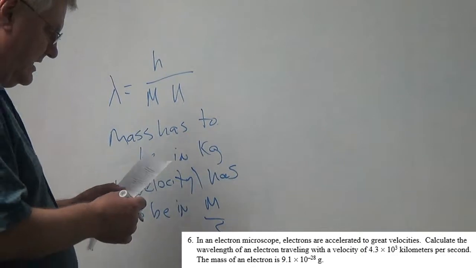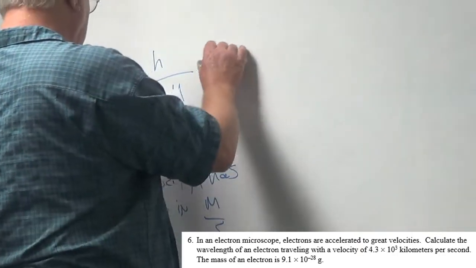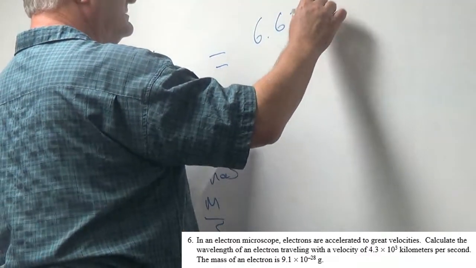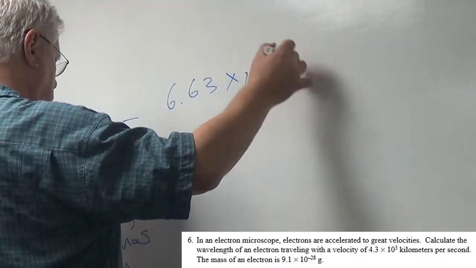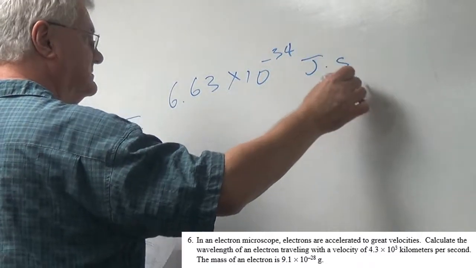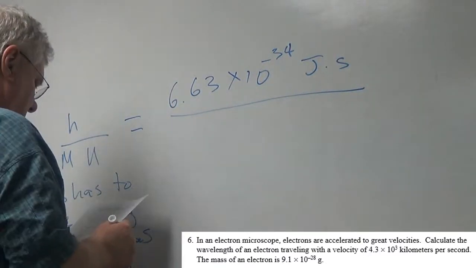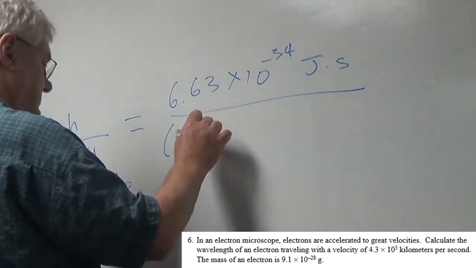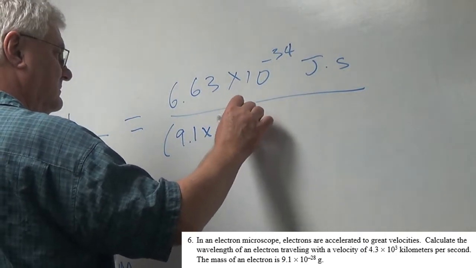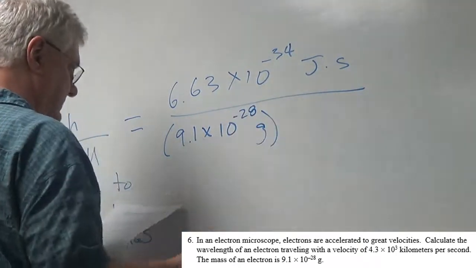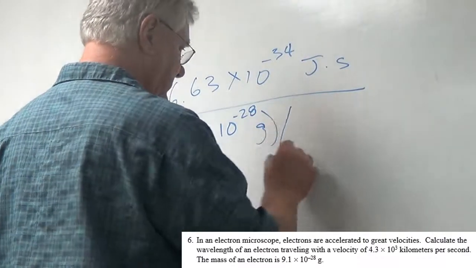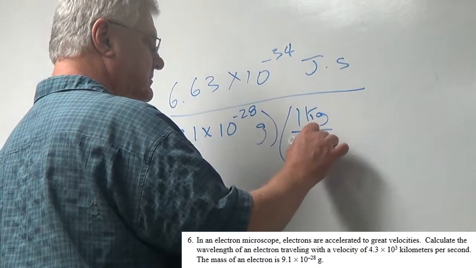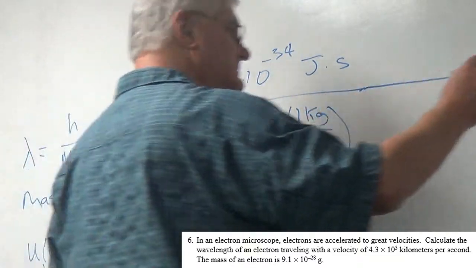If you do it in one calculation, well, Planck's constant, 6.63 times 10 to the minus 34 joule seconds. And on the bottom we have our mass, 9.1 times 10 to the minus 28 grams, but we want to convert that to kilograms. 1 kilogram is the same thing as 10 to the third grams. Okay?